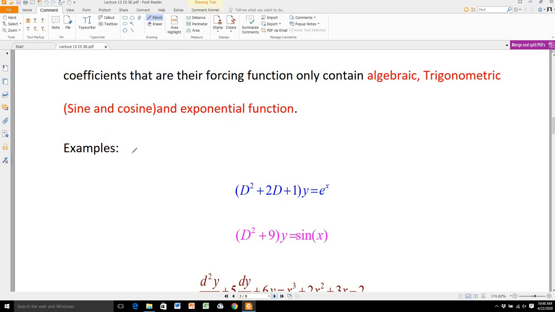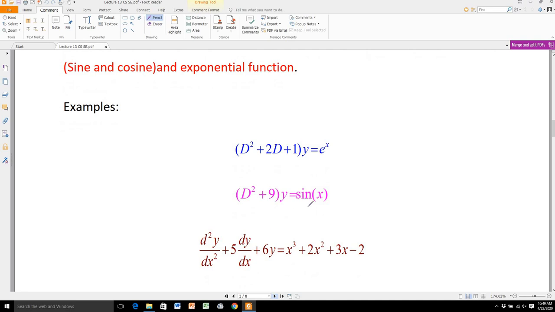The examples of these are: (D squared plus 2D plus 1) y equals e raised to the power x. This is our second order linear differential equation in which the forcing function is an exponential function. Number 2 is (D squared plus 9) y equals sine of x, a trigonometric function.